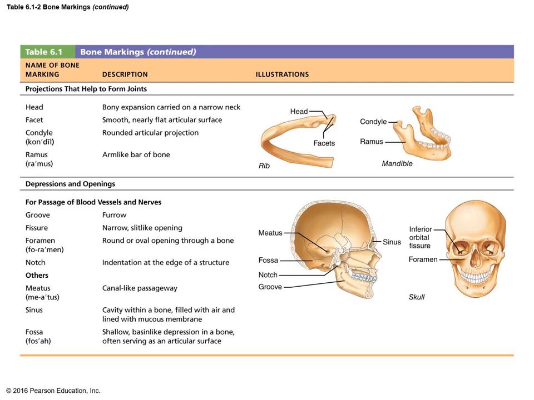So if you look first at learning the names of all the bones, then once you know where the bone is and you know the proper name of it, go back and start learning some of these bone markings.